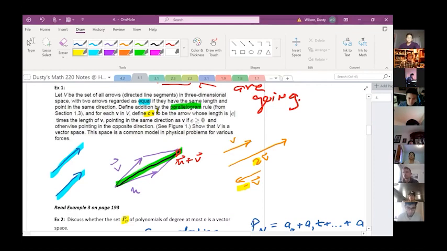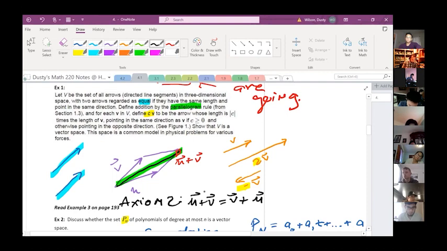And so, for example, if we wanted to show property number 2, or axiom 2, it says that u plus v is equal to v plus u, right?